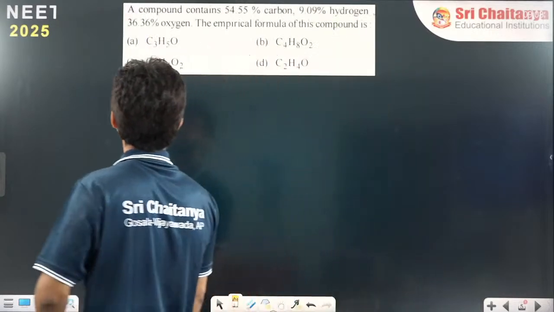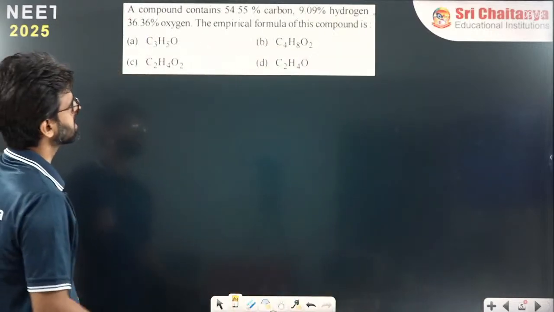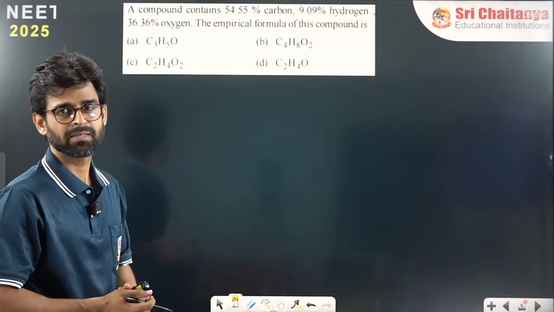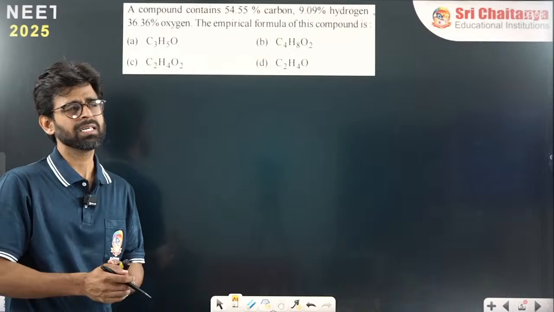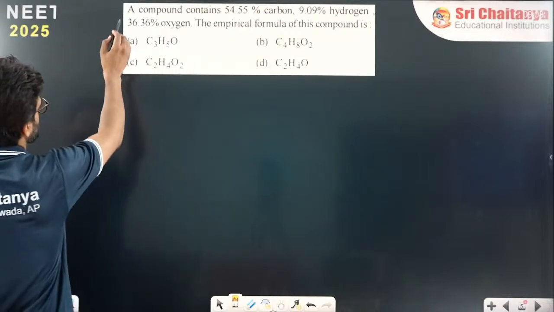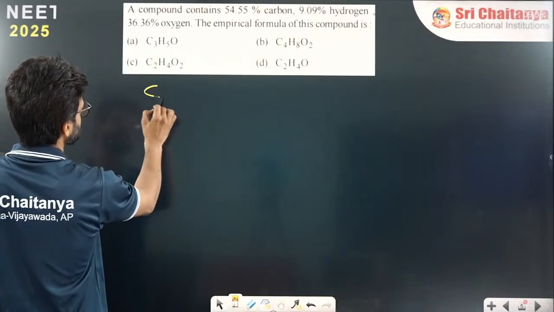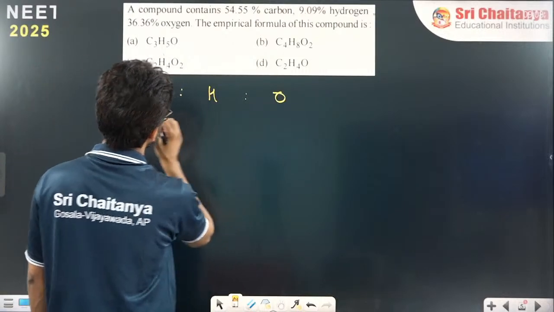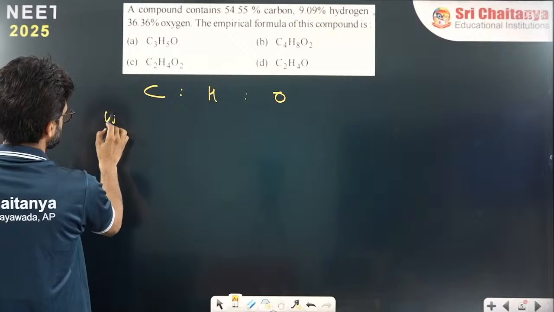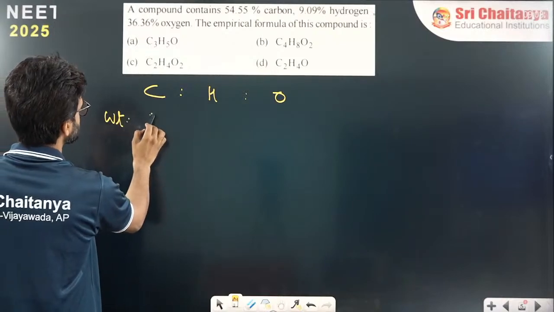Now the next thing is a compound where the mass percentage is given. Last year also they asked a question from here. They gave 3 elements: our compound is made up of carbon, hydrogen, and oxygen. They gave us weight, right? What is the weight given? 30.